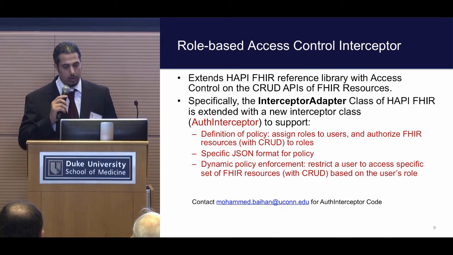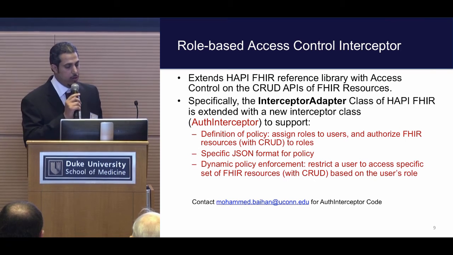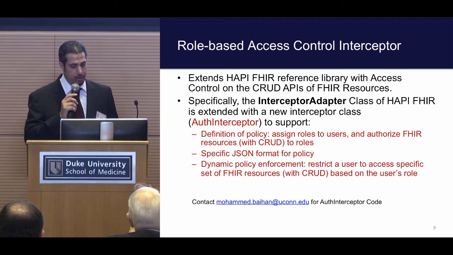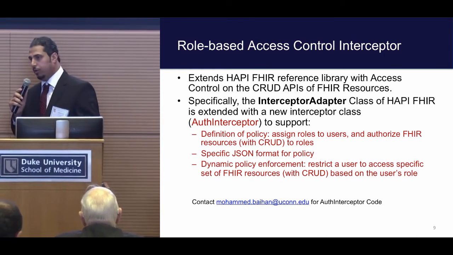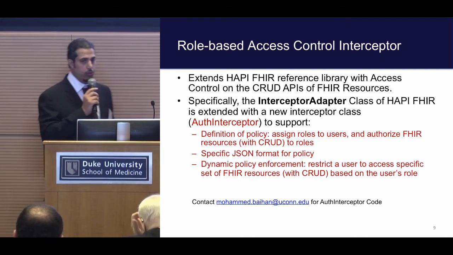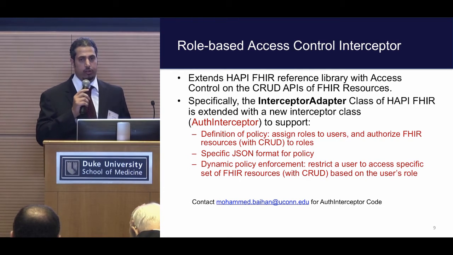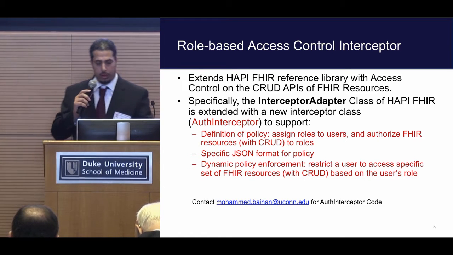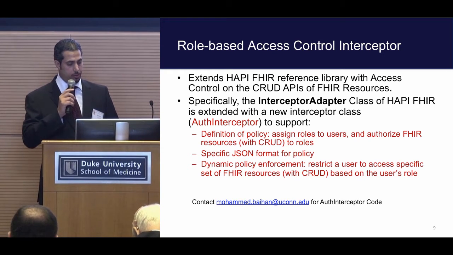We use this to create our authorization interceptor, or auth interceptor, which basically supports three main things. It enables defining security policy in terms of rules, users, and resources, which are FHIR resources like patient, condition, etc. So you assign rules to users and authorize such rules on resources.